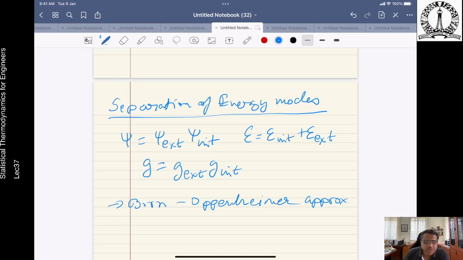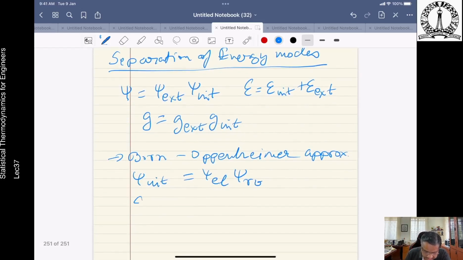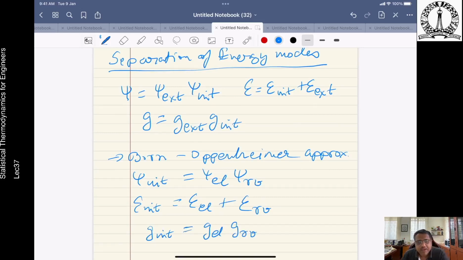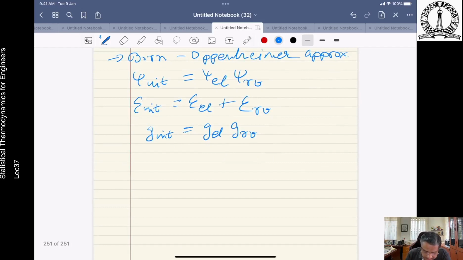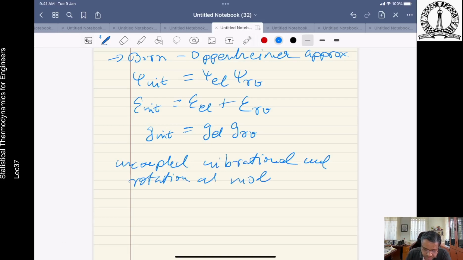What we did was that the internal part was further divided into electronic and rovibrational, and the internal energy was divided into electronic plus rovibrational, and g internal, which is basically the degeneracy, was given as g electronic times g RV. Finally, we uncoupled the vibrational and rotational modes using two approximations.